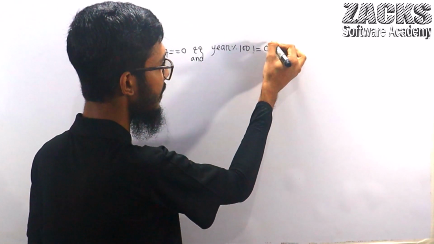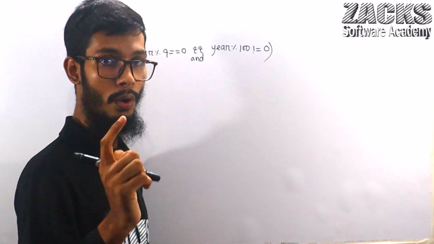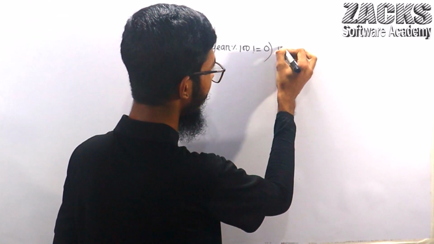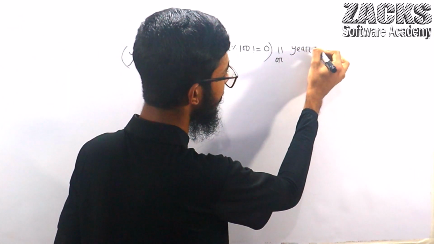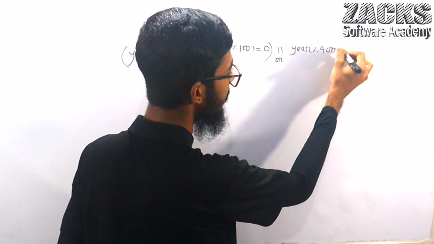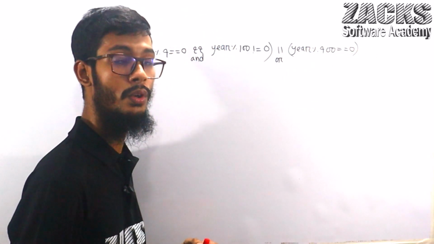If this condition is true, then we consider the year a leap year. Or, if the year is divisible by 400, then also, if this condition is true, we consider the year a leap year.